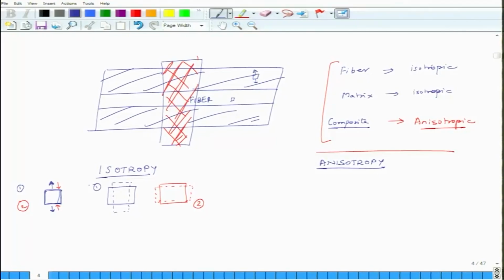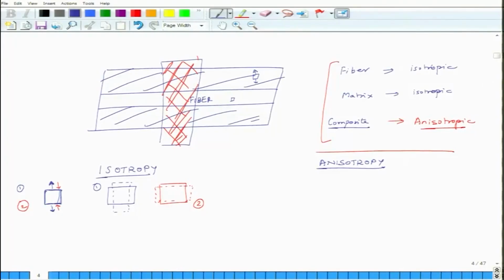So, what I see is that if I apply tensile load, tensile stress, I only see tensile strain. If I compress it, I only see compressive strain in the length direction. So a tensile load or a compressive load is known as an extensional load.